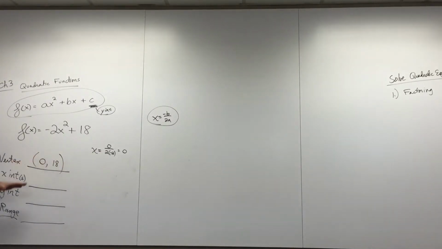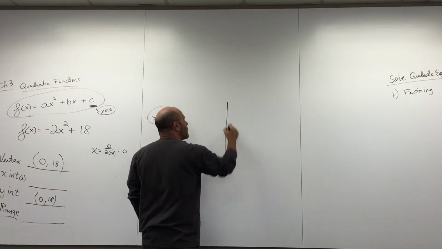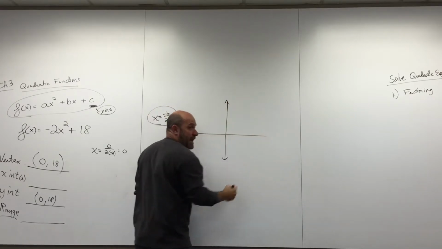You know what's funny? Let's skip down to the y-intercept. How do you find a y-intercept? You let x be 0, and what do you get? You get 18. This is kind of a funny situation. This didn't happen last time, but on this problem the vertex is the y-intercept.